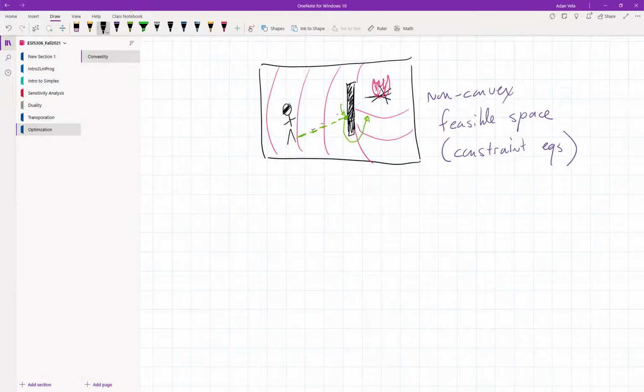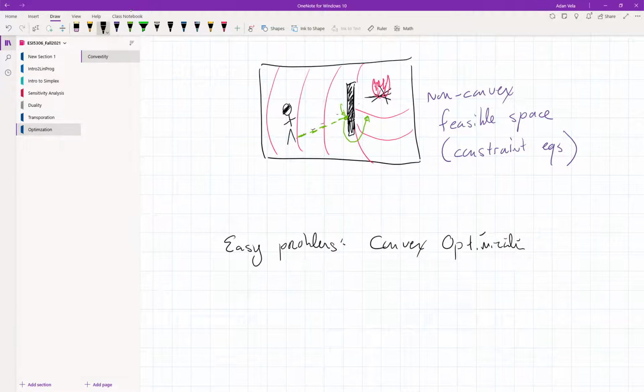Now, the easy problems, as I said, these convex optimization problems, are convex in the objective function. And they're also convex in the constraint equations.